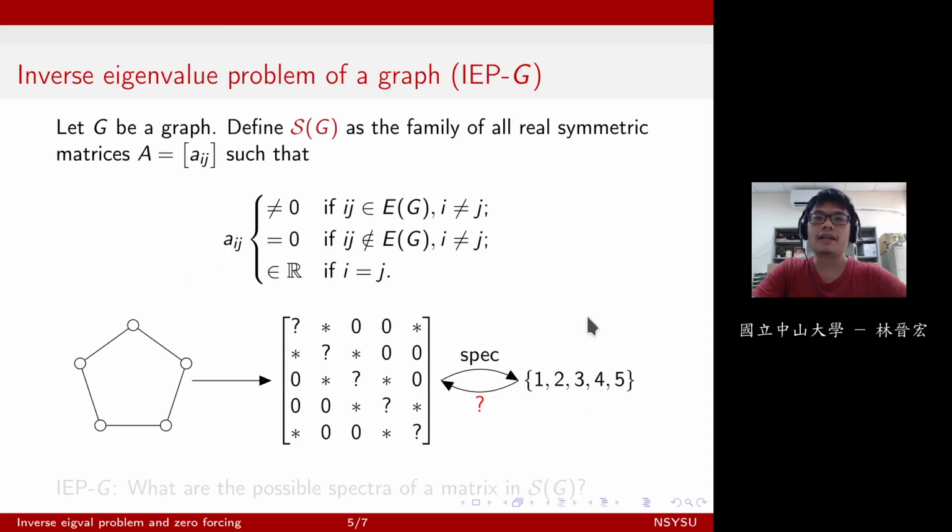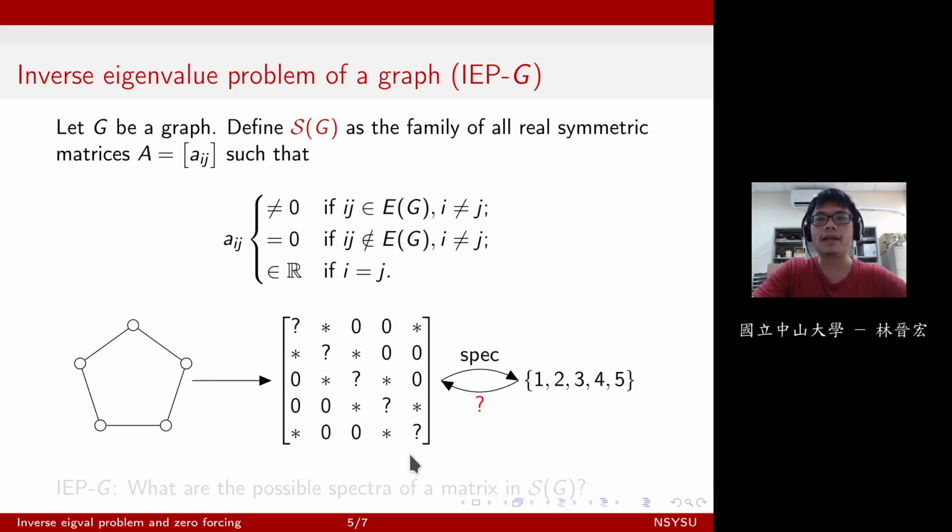On the other hand, the inverse eigenvalue problem of a graph is a topic that studies the set S(G). As described before, S(G) contains all the weighted adjacency matrices of the graph G. So when G is C5, these are all the matrices that look like this.